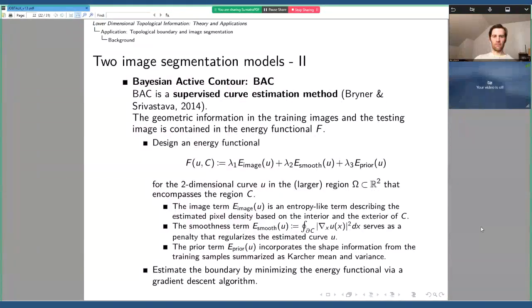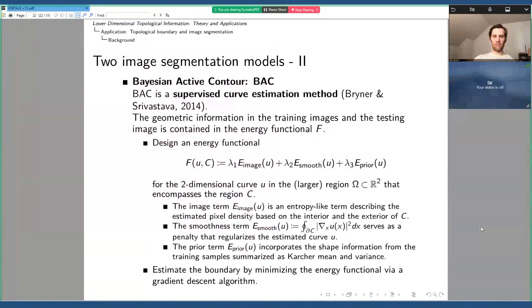And the third term, which is also the reason why this model is called a Bayesian active contour, is a prior term, which means that if you are going to segment a skin lesion image and you already have probably 20 images with ground truth, then you can incorporate that information into this term.